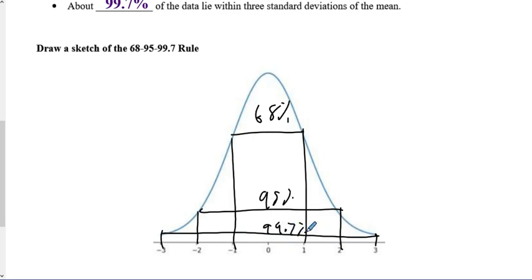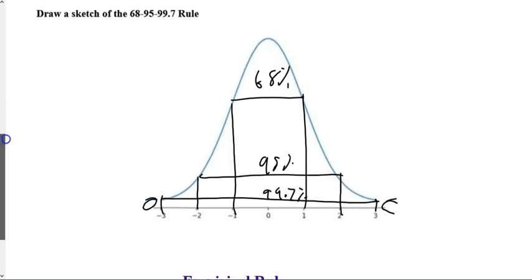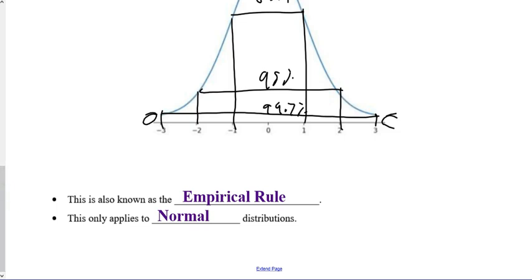Notice there's a little bit of space out here, a little bit of space out here for that other 0.3%. Now, this is also known as the empirical rule, and it only applies to normal distributions.